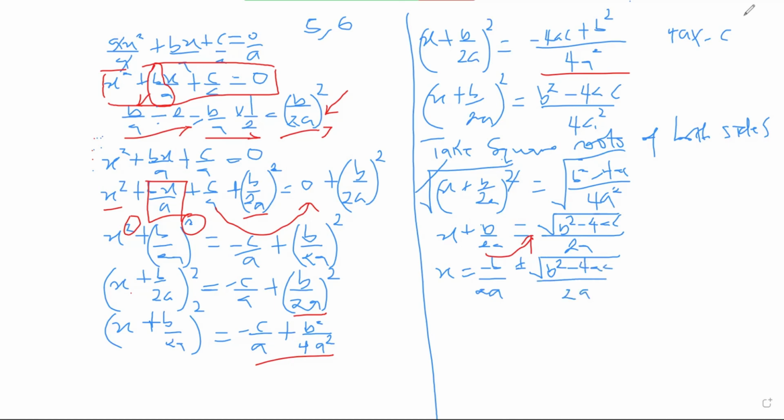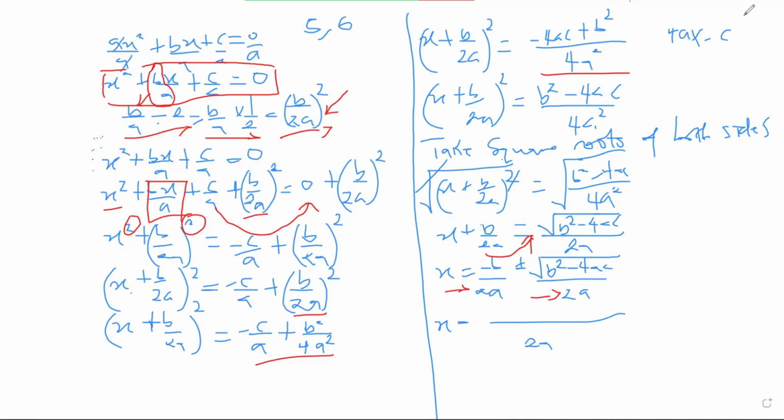So notice something from here. We have the same numerator for both here and as well here. So since we have the same denominator, to find the LCM of this, we can simply use 2a.